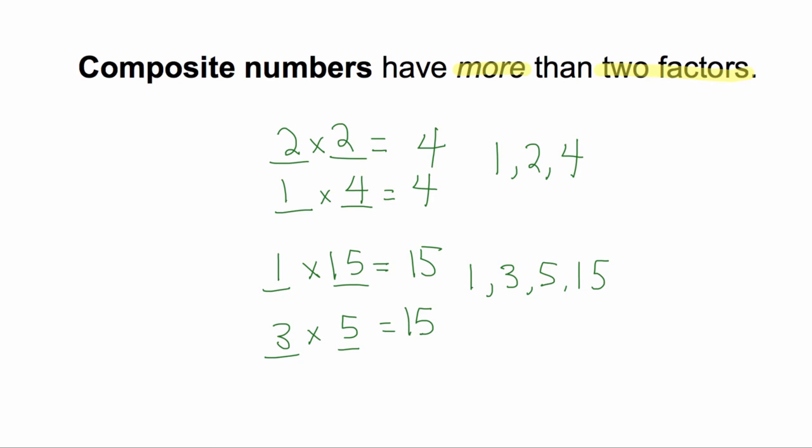So we're going to go ahead and look at some examples to see if we can't sort out which numbers are prime and which numbers are composite. So we're starting with 12. Start with that 1 times 12. Will give you 12. Another set of numbers is 2 times 6, and then you have 3 times 4. All these numbers tell me this is a composite number.